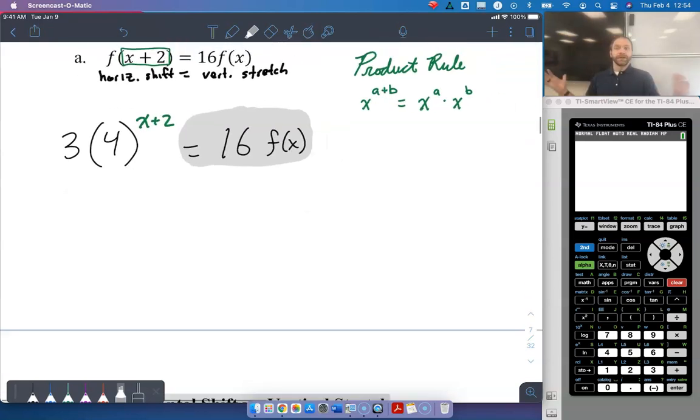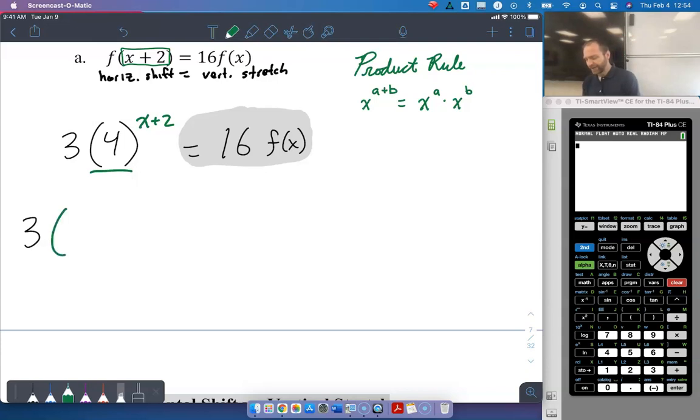Well, what do I do? Looks like the product rule to me. Look at that, x plus 2. I can separate that, and that's what I'm going to do. I'm going to keep that 3, but I'm going to take this, and I'm going to separate it into 2 of the bases of 4 with a multiplication sign in between.